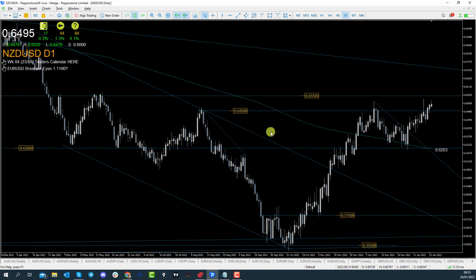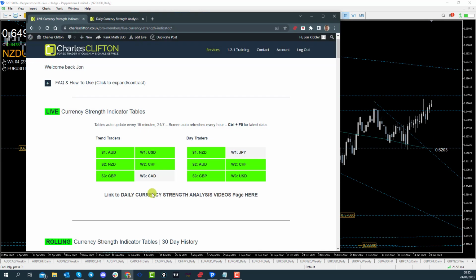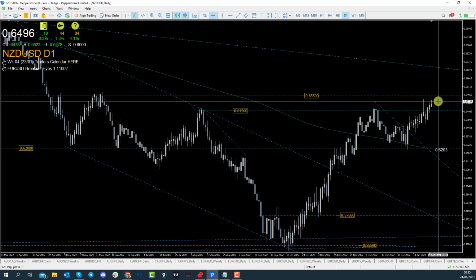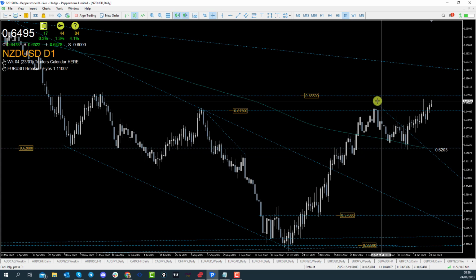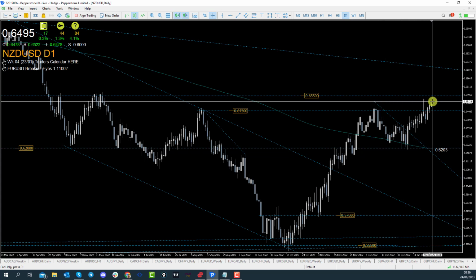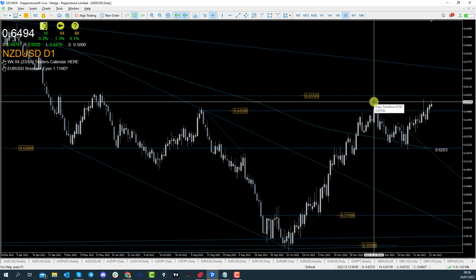If I go to one of our charts that are highlighted here, let's take the New Zealand dollar for instance, I really like the idea of being bullish this market, because the New Zealand dollar is the strongest on the day traders, second strongest on the trend traders. The dollar is the weakest on the trend traders and is W3. However, look where price is. If I bring my crosshair in, we can see that we're at these previous highs, and it's usually not a good idea to start getting aggressively long at previous highs.